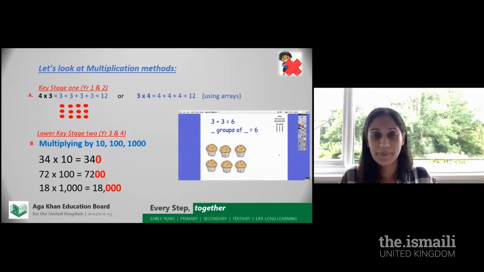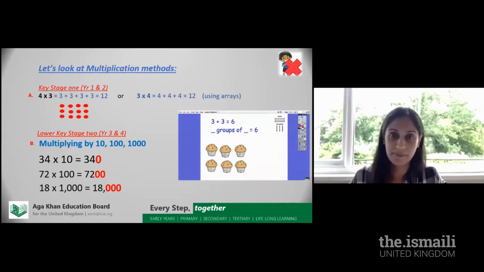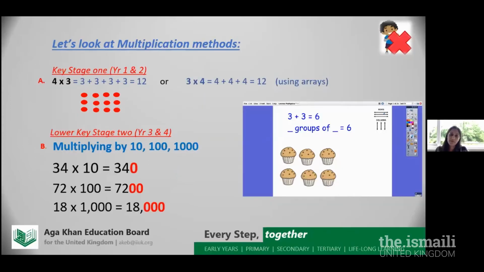An array is formed by arranging a set of objects into rows and columns. Rows are along the page and columns are down the page. We can also use our arrays to show us how to do multiplication. Let's have a look at my cakes in front of us. First, I'm going to group my cakes into rows.